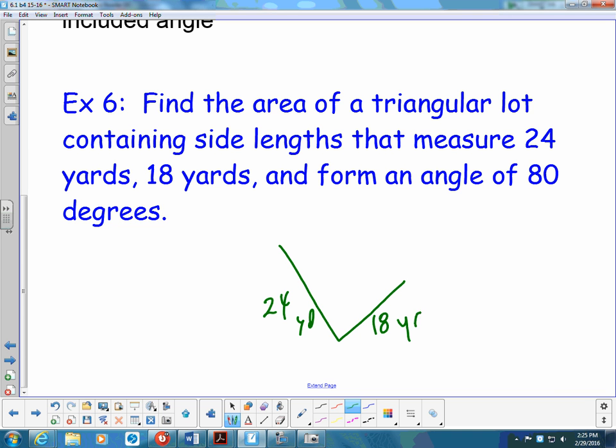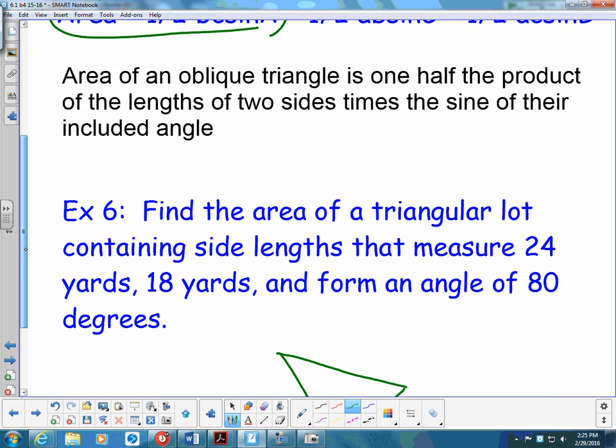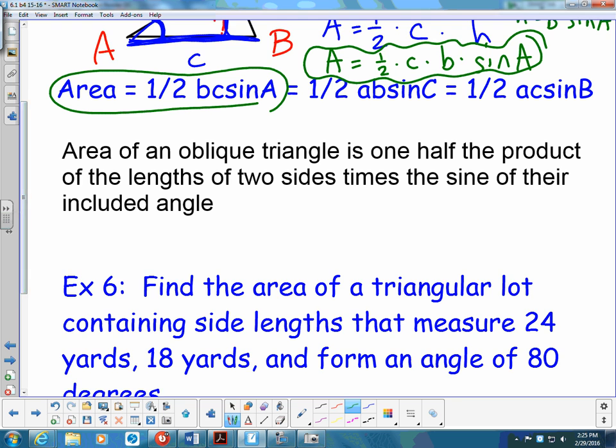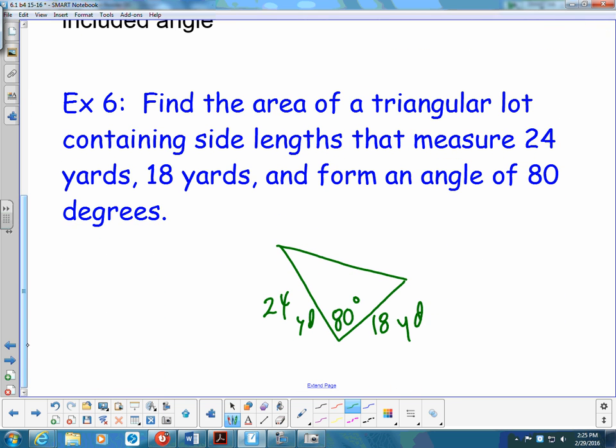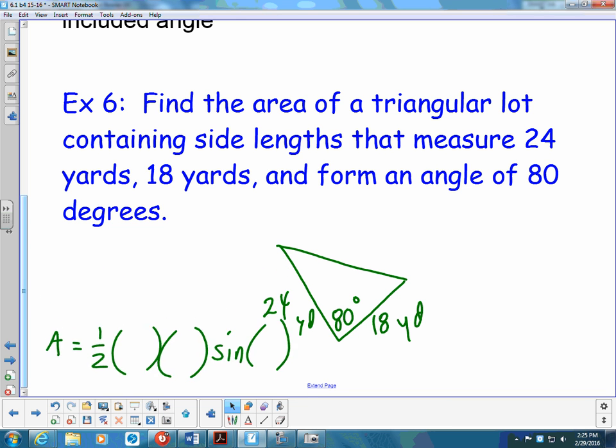So we're trying to find the area of this lot, and we're going to use one of these formulas. Area is half B times C times the sine of A. So the area is going to be 1/2 what times the sine of what? Can you fill in those blanks for me?